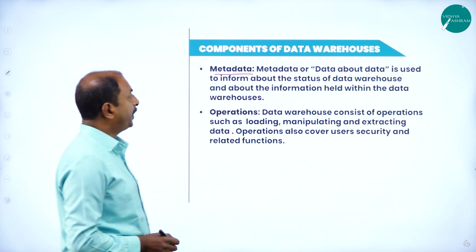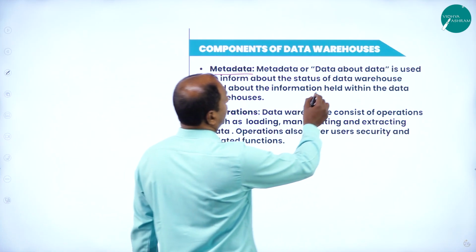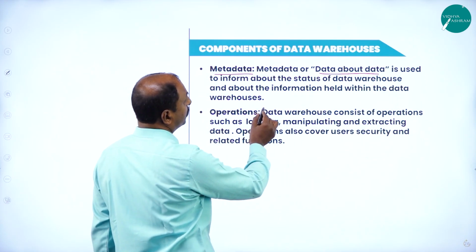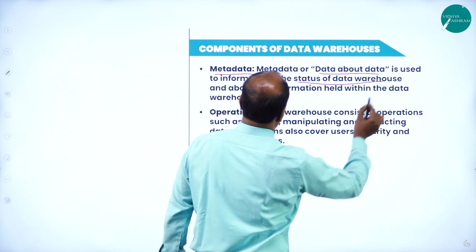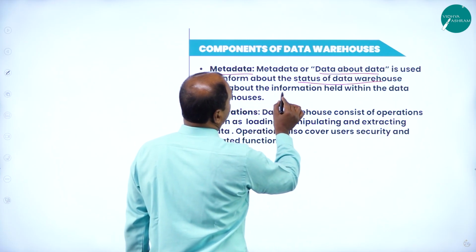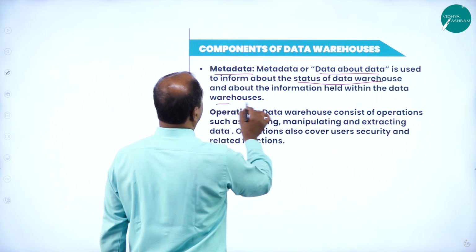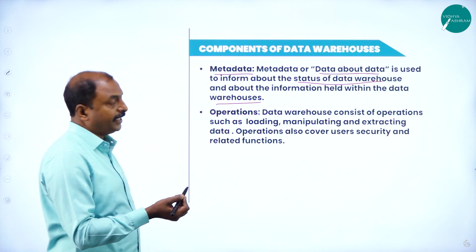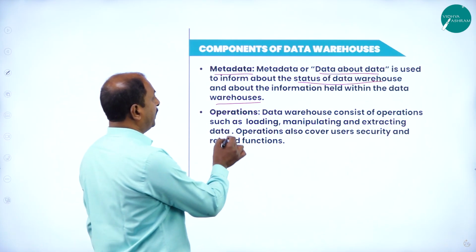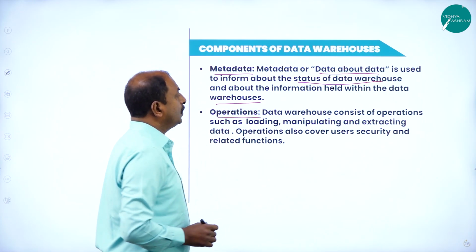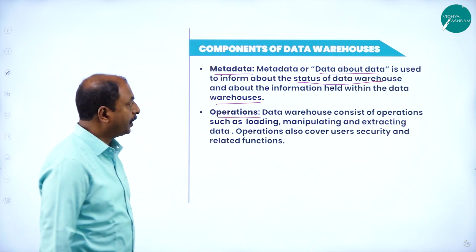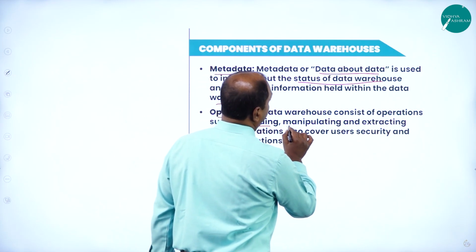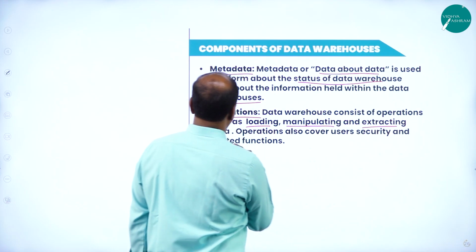Next one is metadata. What is the definition of metadata? Metadata is nothing but data about data. It is used to inform about the status of the data warehouse and about the information held within it. Next one is operations. What are the operations on a data warehouse? It consists of operations such as loading, manipulating, and extracting the data.